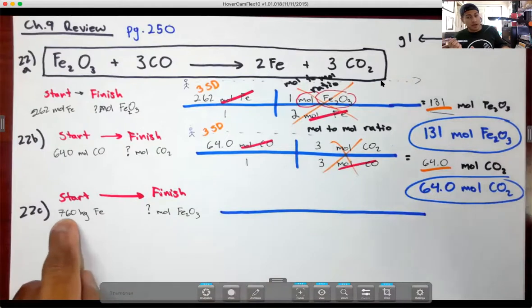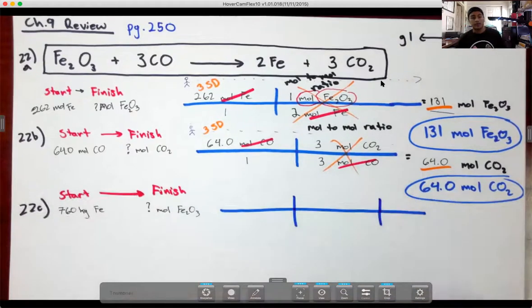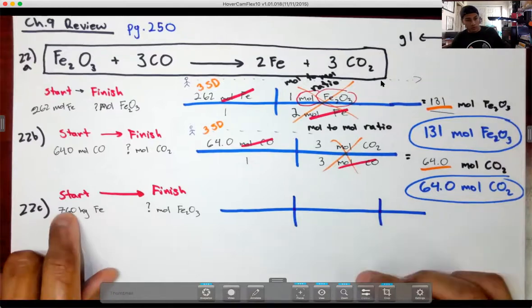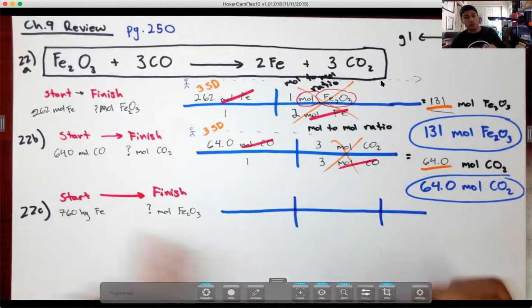So the first thing you have to do is convert this to grams, okay? Once you get that, you're going to have to set it up, and it's going to have 2 columns actually, okay? And just so you know, we're going to go from grams of Fe into what? What's the next step before we can make that jump?